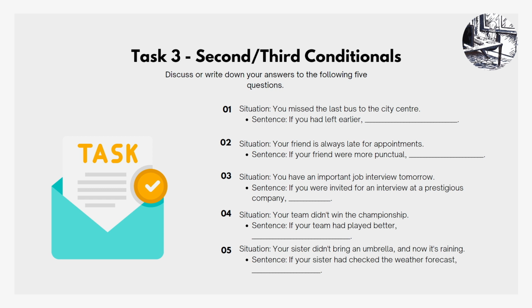The situation for number 1: you missed the last bus to the city centre. If you had left earlier, how would we finish this sentence? If you had left earlier, you wouldn't have missed the last bus. Let's see how you do with 2, 3, 4 and 5.